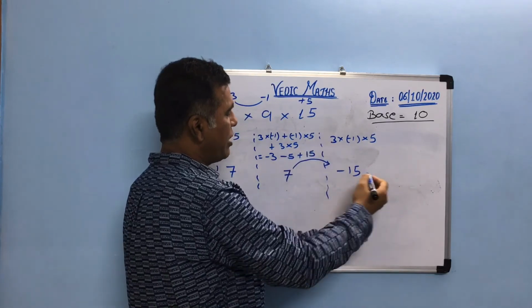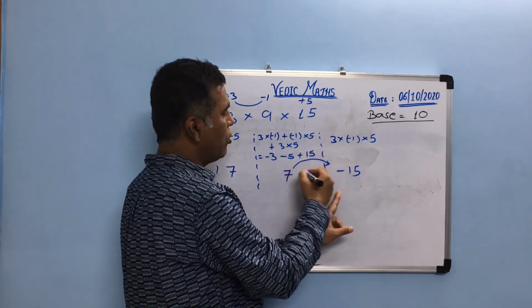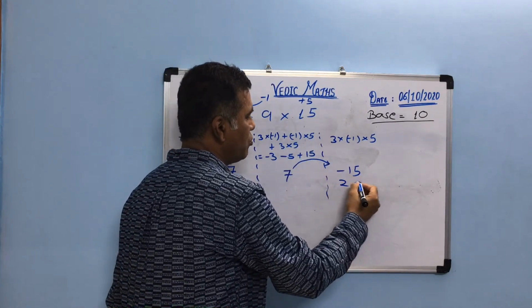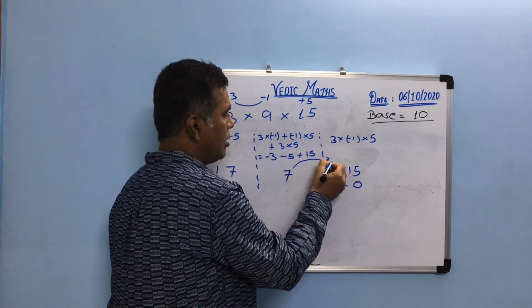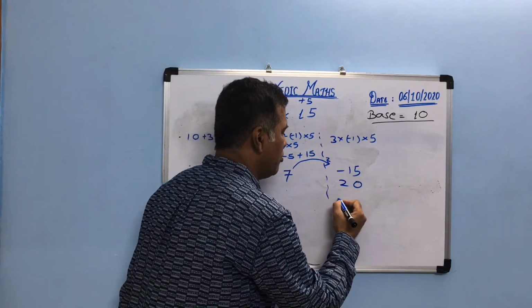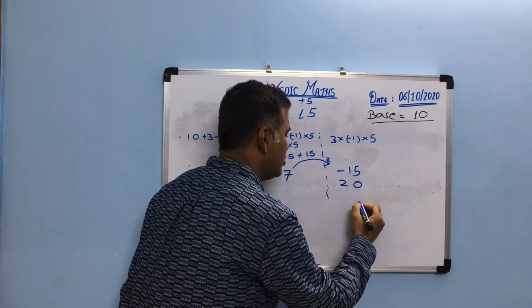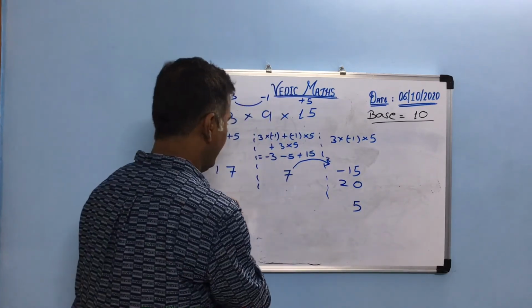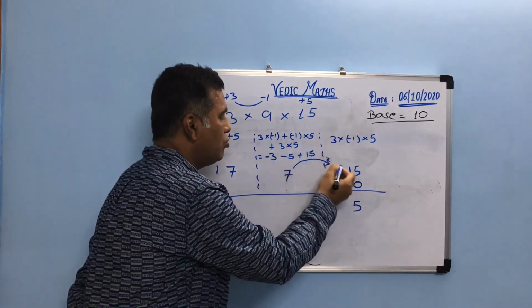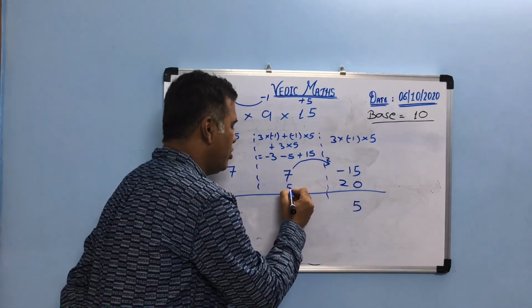We are going backward. If we borrow 2 from 7, then when this 2 comes to this side, it will become 20. So 20 minus 15, that will be 5. So here I am getting 5. And if we take 2 that side, then this 7 will become 5.